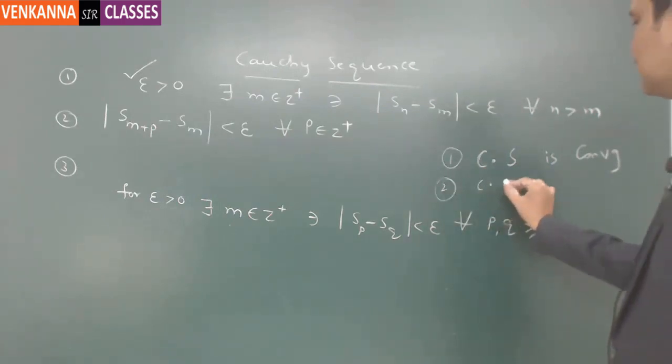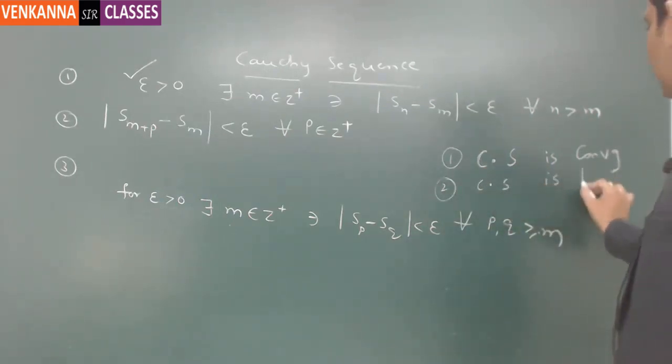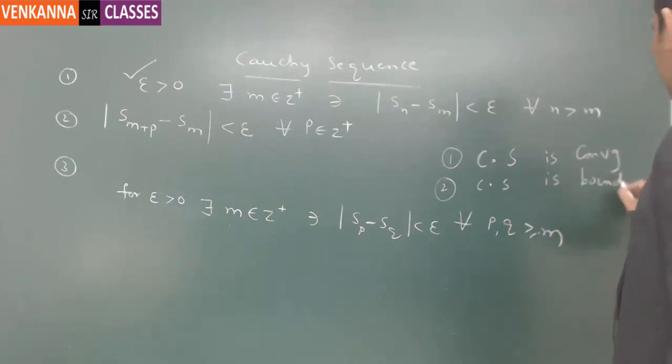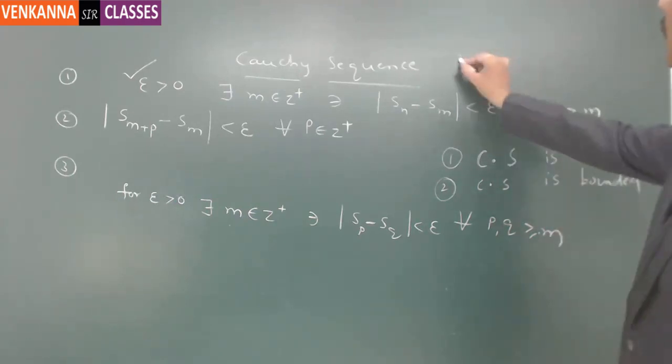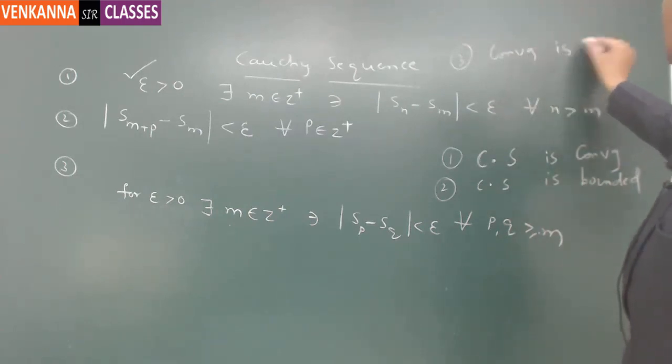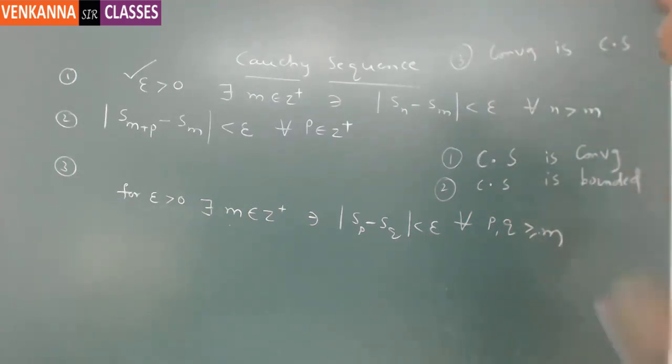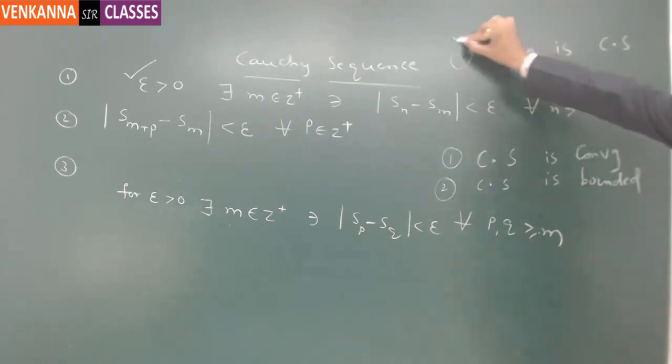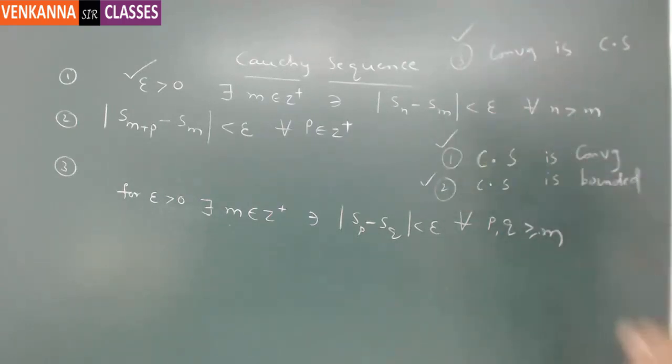Every Cauchy's sequence is bounded. Every convergent sequence is Cauchy's sequence. So these are the properties. If you want to show that a sequence is convergent, the importance is not of the limit, the importance is of convergence.